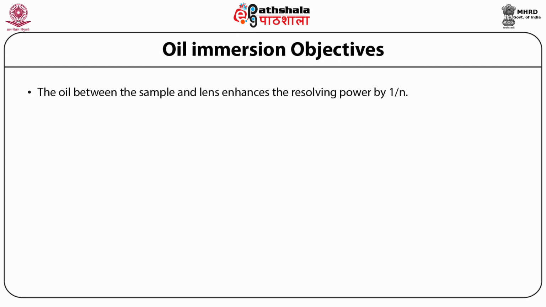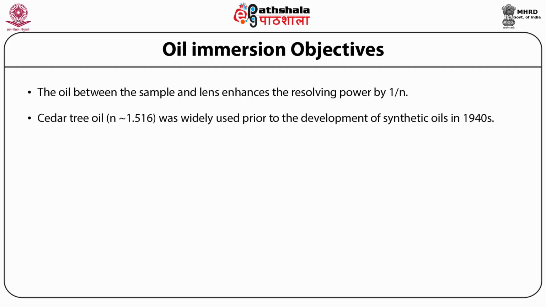The oil between the sample and the lens enhances the resolving power by 1/n. Cedar tree oil, where n is 1.516, was widely used prior to the development of synthetic oils in the 1940s. The cedar wood oil objectives have a numerical aperture of approximately 1.3.